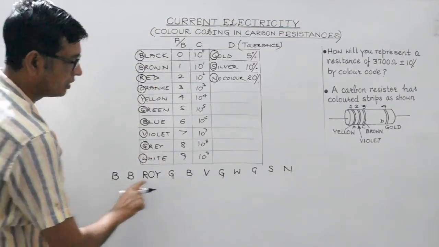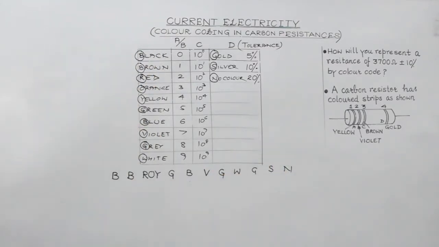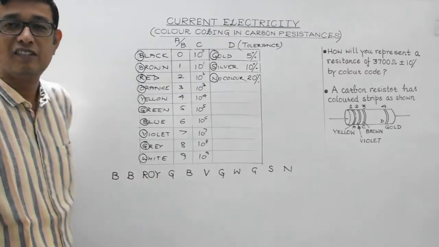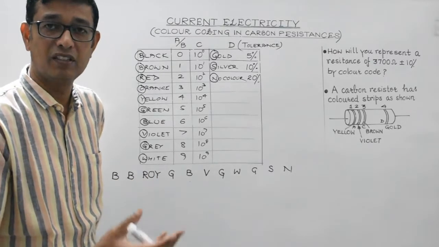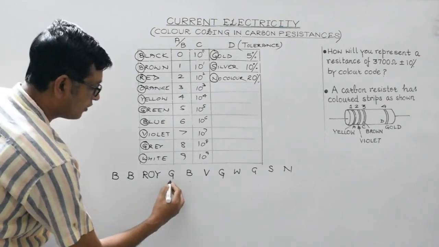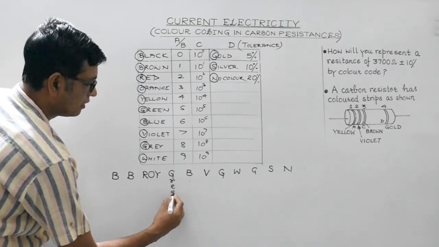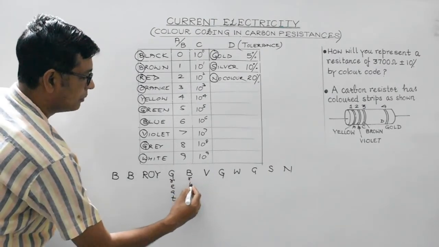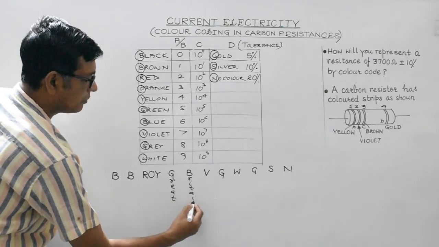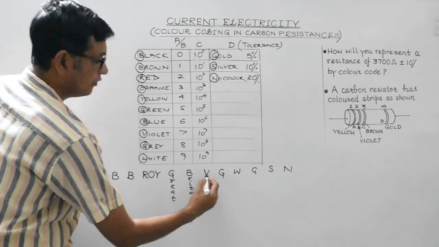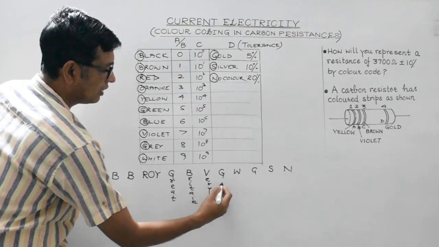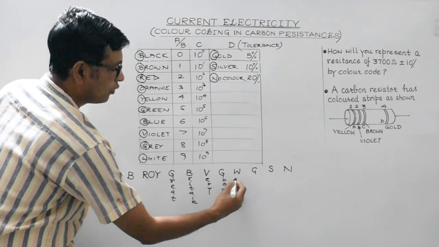Now you need to remember this sequence. So B.B. Roy, it's the name of a person, B.B. Roy of Great Britain. He resides in Great Britain. Has a very good wife.